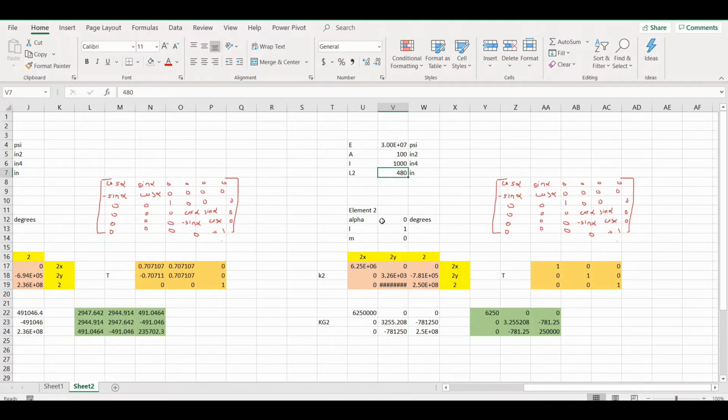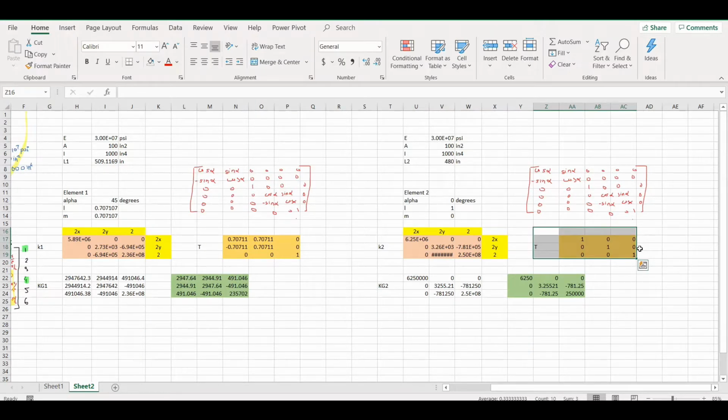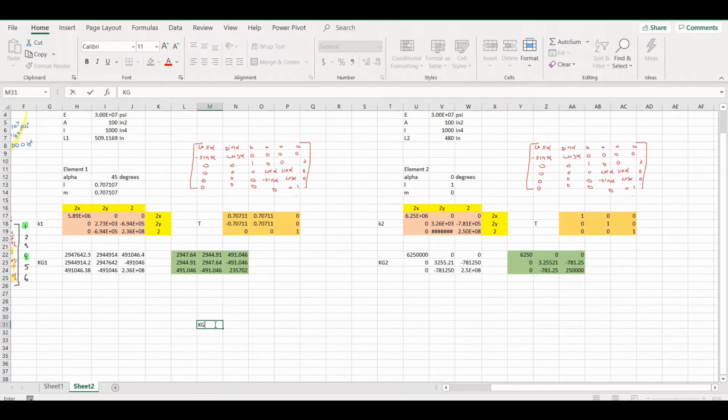We have assigned alpha as 0, which gives a unit matrix, an identity transformation matrix, which means that the global reference axis is the same as the local reference axis for element 2, and then we obtain our global matrix for element number 2. Now to find the global matrix for the whole system Kg, we have to add these two values up. So let's add them up, this plus this.